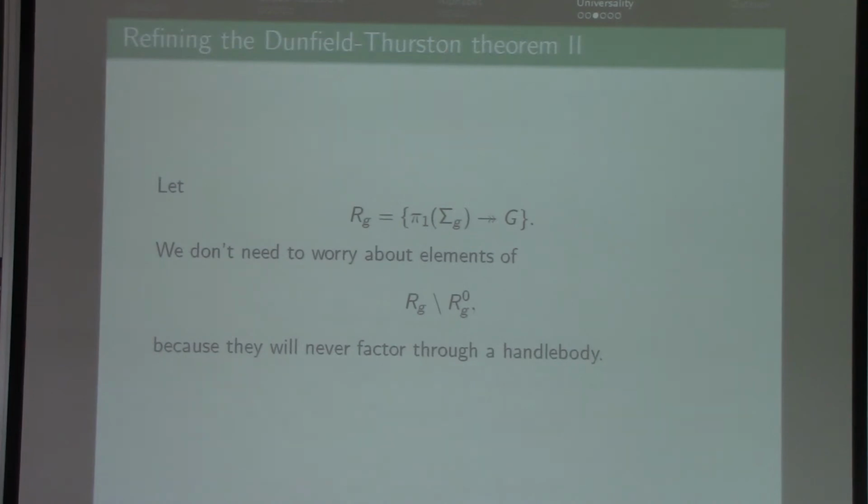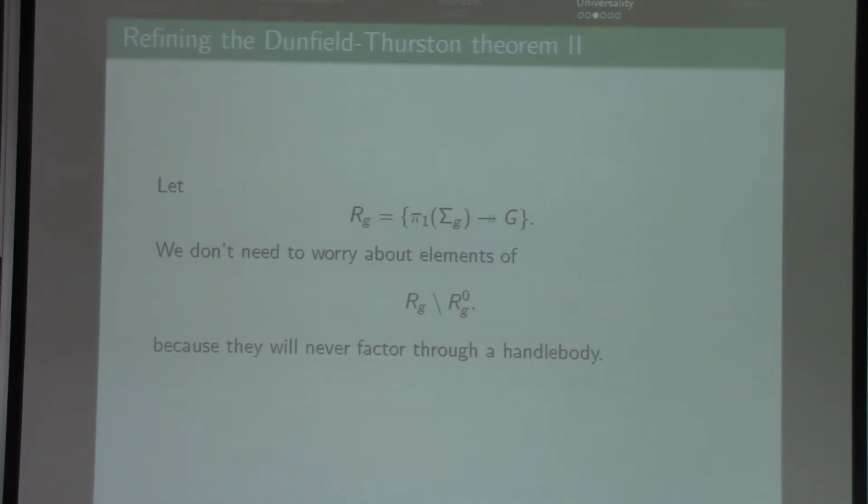Now we're also concerned about maps that are inside A. One thing to observe is that if we have a surjection and it doesn't have a trivial Schur invariant, then it will never contribute to the final count.